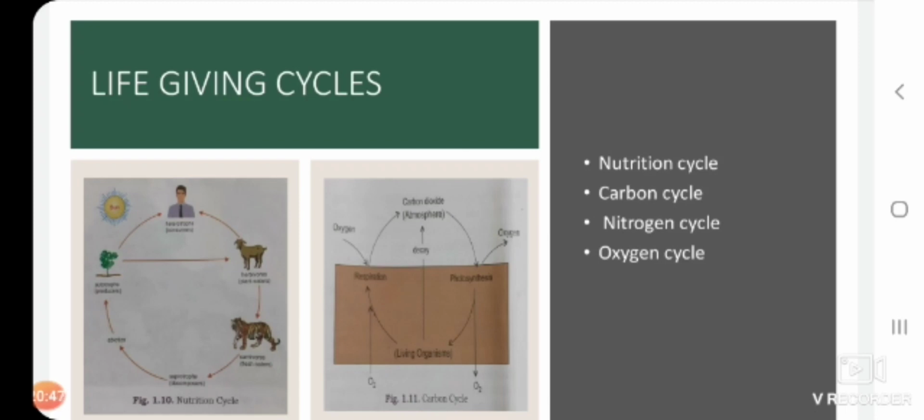After the death of plants and animals, the carbon present in their bodies is decomposed and absorbed as food by bacteria and fungi. Children, during respiration, plants, animals, and humans use atmospheric oxygen and release carbon dioxide back into the atmosphere. So the carbon cycle is also an important life-giving cycle for humankind.